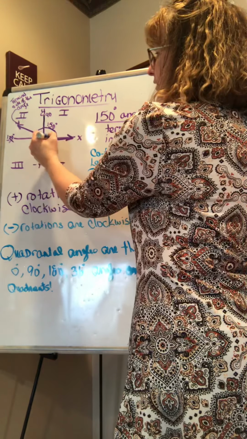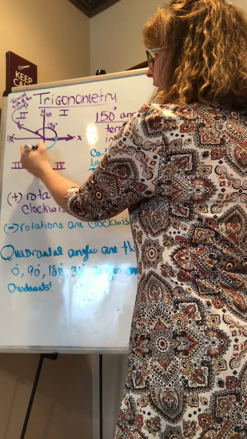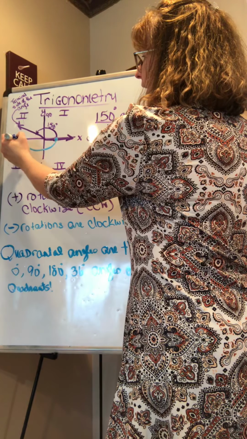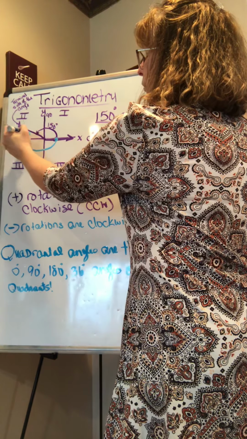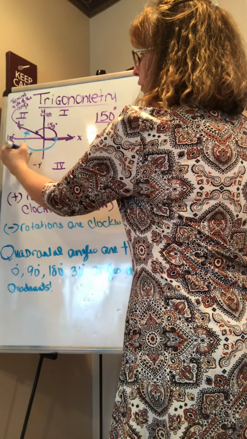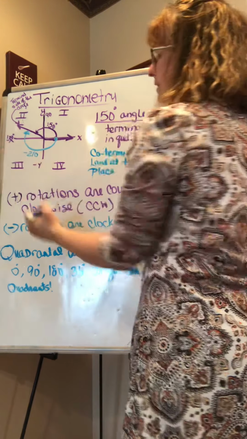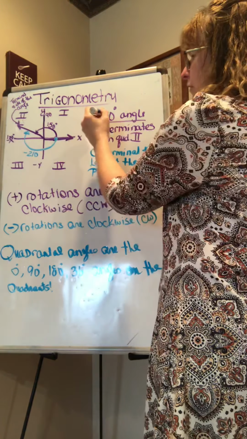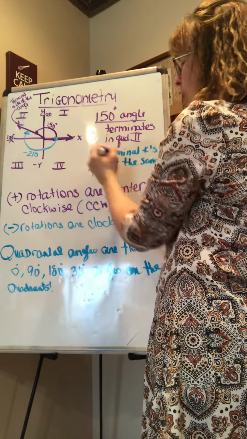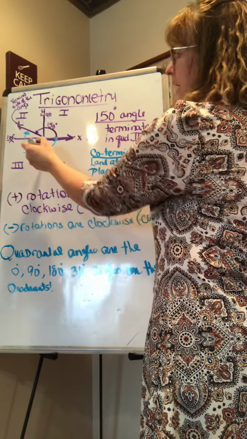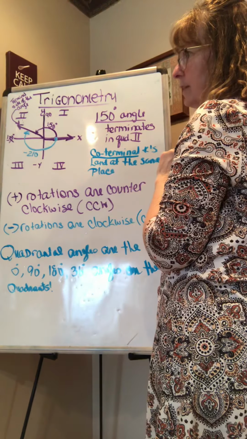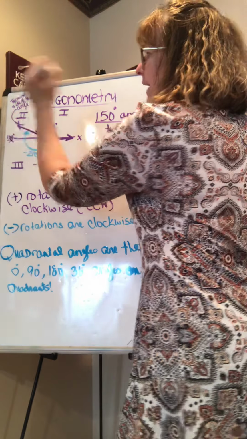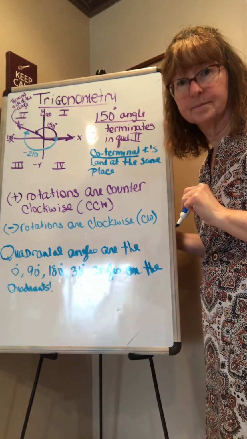So if I were here at 0 and I went negative 90, negative 180, I would have to go 30 more. This would be negative 210 degrees. A 150-degree angle is coterminal with negative 210 degrees because they both land in the same place.